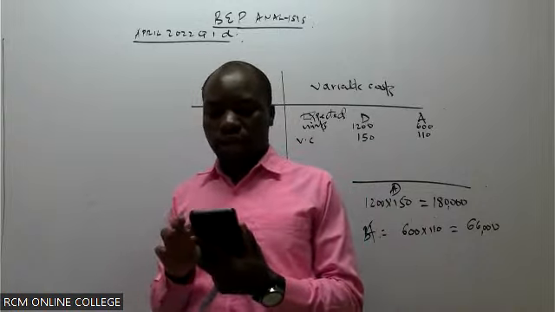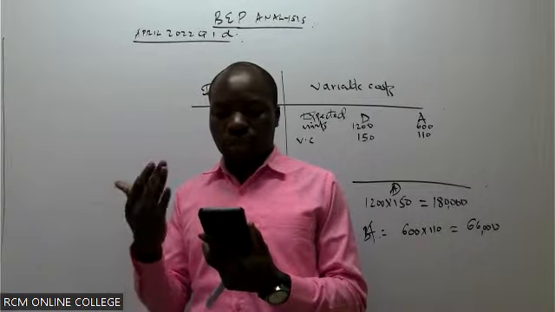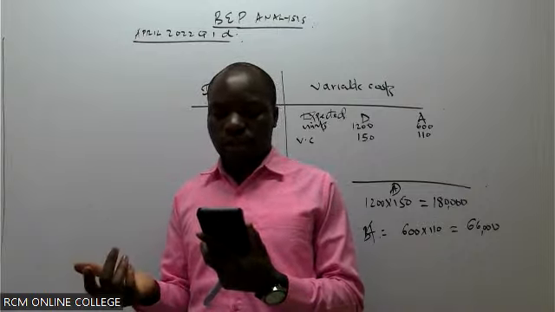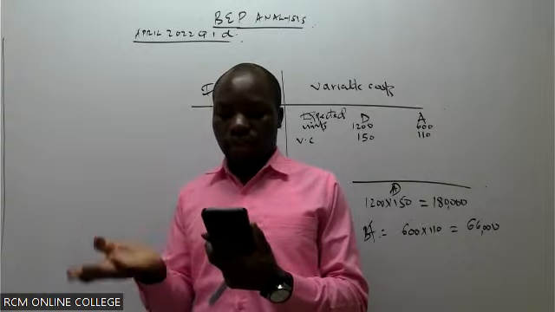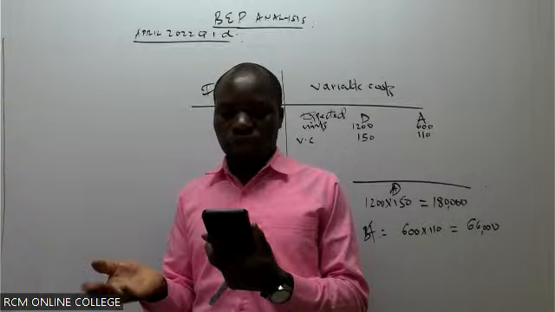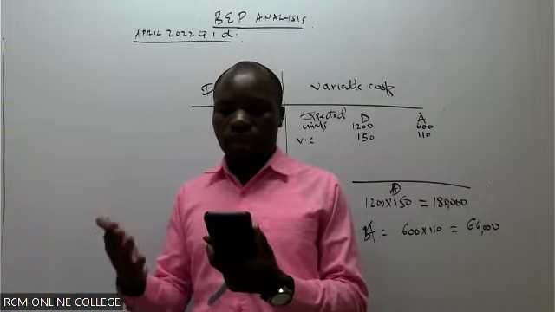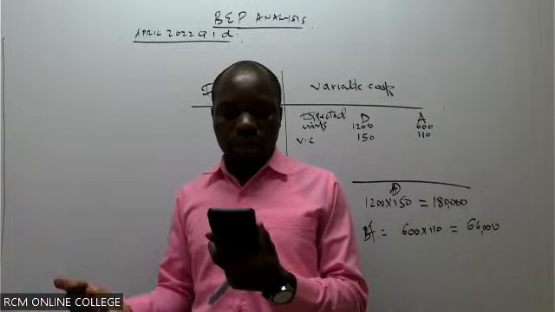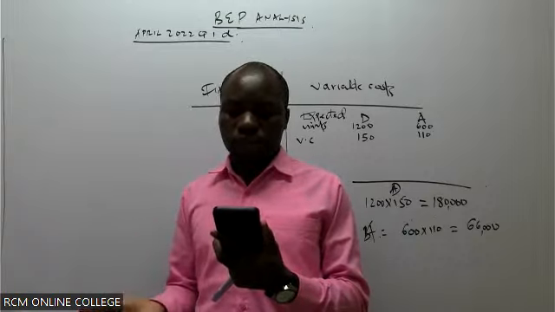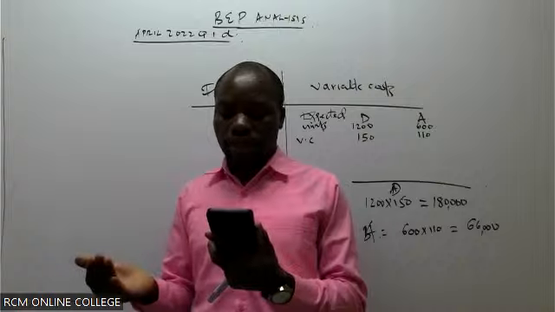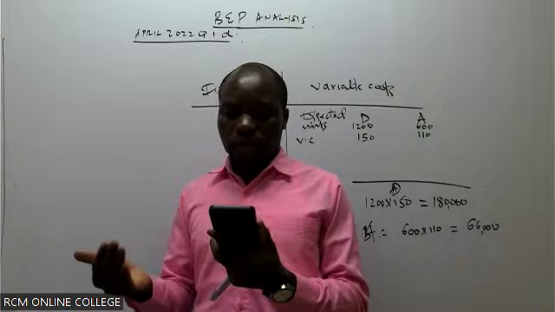So if you look at the totals column, we have 480,000. If you deduct 246, you are having 234,000. That's what we have as the contribution to direct and common fixed costs. Below that, we have direct avoidable fixed costs. So these fixed costs can be avoided.